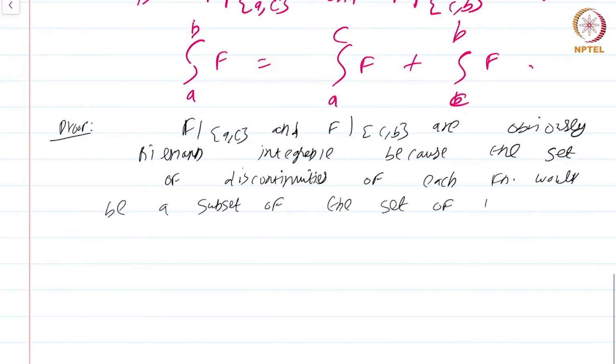That is obvious. So both functions will obviously be Riemann integrable.